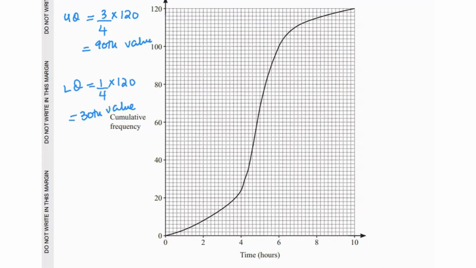So using your graph, we draw a line from 30 first. So 30 is going to be 22, 24, 25, 26, 28, 30. This is 30. And then for 90, it's going to be 80, 82, 84, 86, 88, 90. This is 90. So let's draw a line.